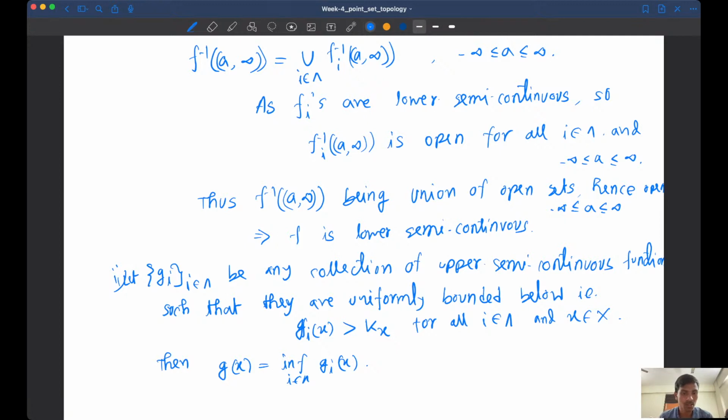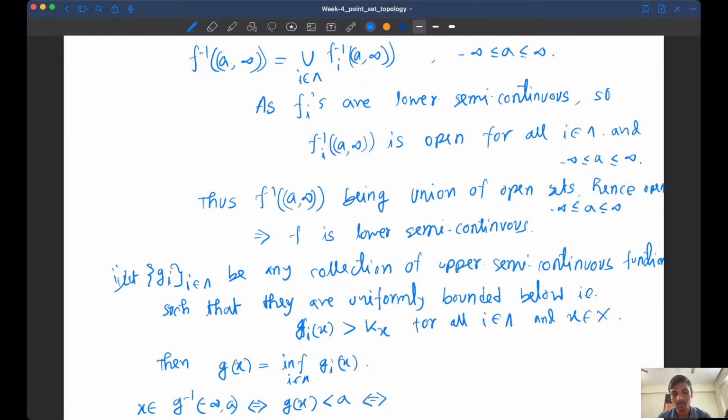Here again we need to show that this is upper semi-continuous, so we have to see what g inverse of (minus infinity, a) is. Let's pick an element x from g inverse of (minus infinity, a), so g(x) is less than a. Infimum is the greatest lower bound, so anything greater than it cannot be a lower bound.